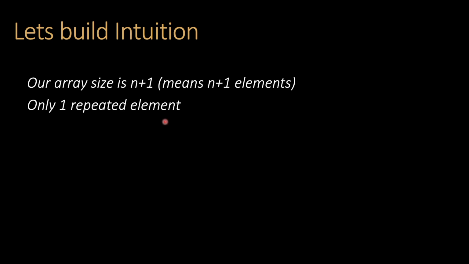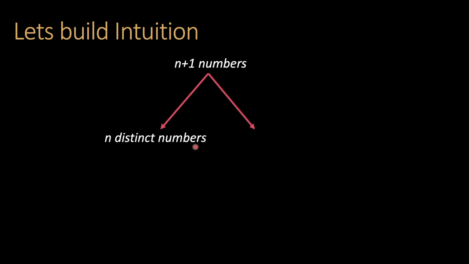So if you have n plus 1 elements and only one element is repeated, what does that mean? There are n distinct elements and one is repeated. So we have n plus 1 numbers, out of which n are distinct numbers and one is a repeated number. Now we need to find what these n distinct numbers are. Let's see.